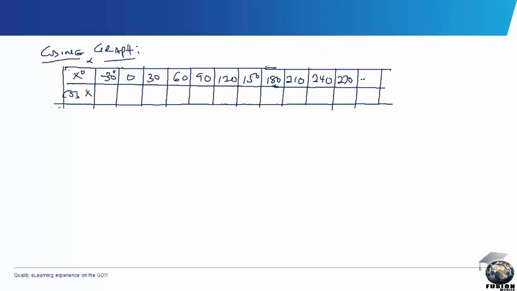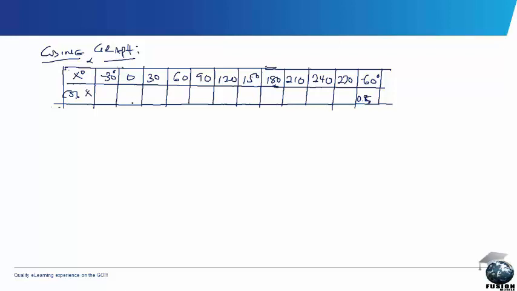For this I would like us to include minus 60 so that we can have a better view of what the graph is up to. For minus 60 we have 0.5.